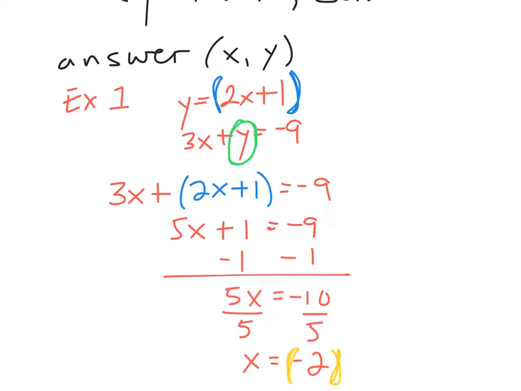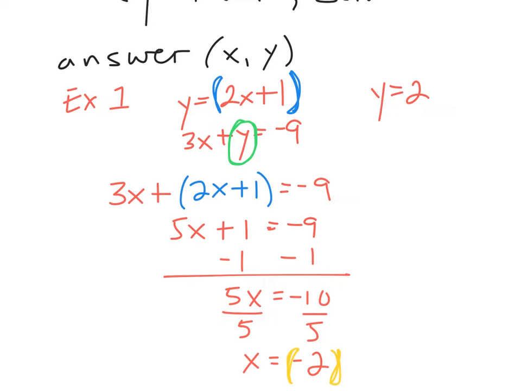I like to use the equation that has the y already by itself, or the variable by itself. I feel like there's less work, but you can plug it into either equation and it will work just fine. So I'm going to use that first equation, and so I will have y equals 2.